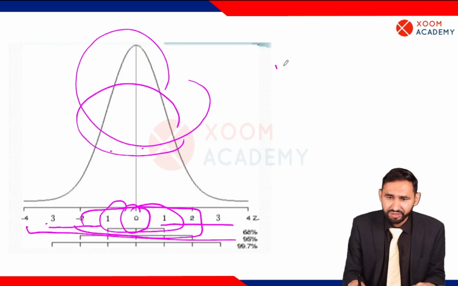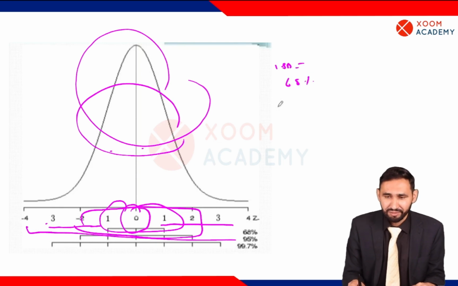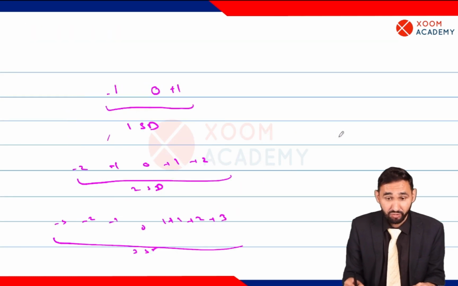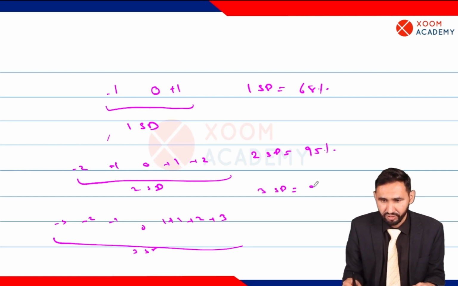1 standard deviation covers 68% of data. Remember this, 2 standard deviation covers 95% of data, and 3 standard deviation covers 99% of data. This is a common university MCQ. So remember, 1 standard deviation is equal to 68%, 2 standard deviation is equal to 95%, and 3 standard deviation is equal to 99%.